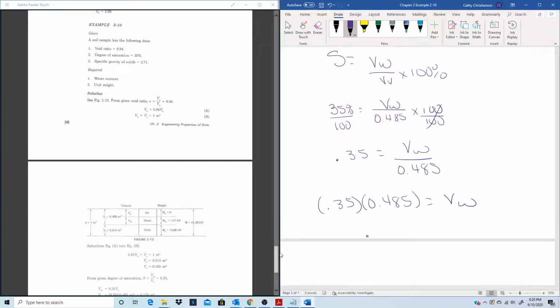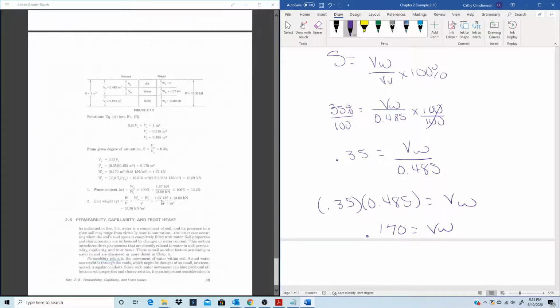That gives me 0.17. It rounds up, so I'm going to call it 170. And there's the same thing that they got right there, 170.